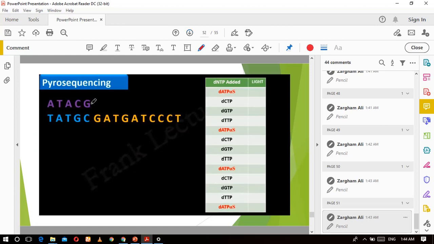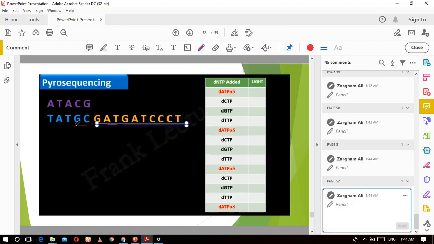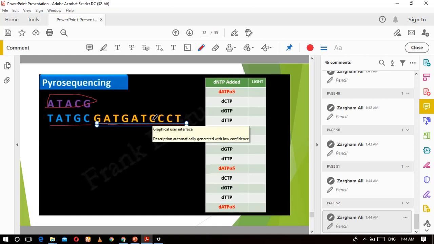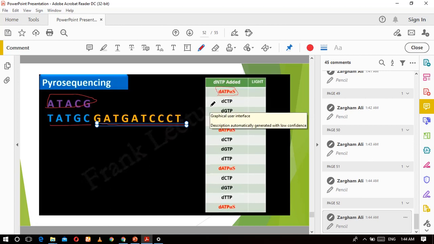The flow diagram, or basically the chemistry of pyrosequencing: let us consider this is our template DNA. We have to engineer it in some way so that our primer can attach and we can initiate our reaction. So, what does this indicate? dATP alpha S is exactly the same as dATP.